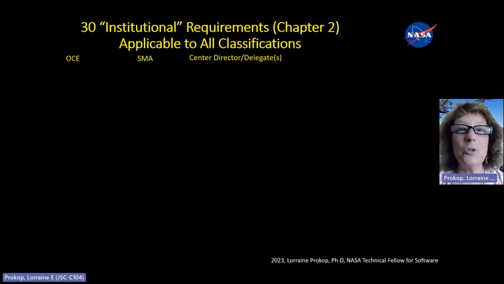Now to dig into the first 30 of the requirements. These are the ones in Chapter 2 that are called institutional. These are the things the organization should have in place and should be doing. I'm going to go through each one of these.